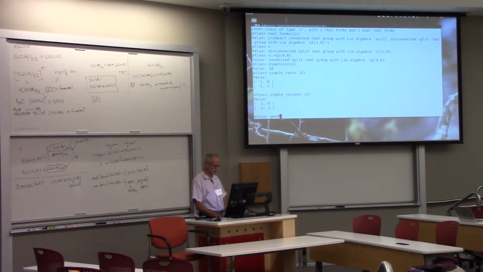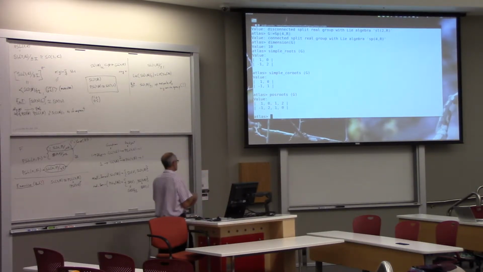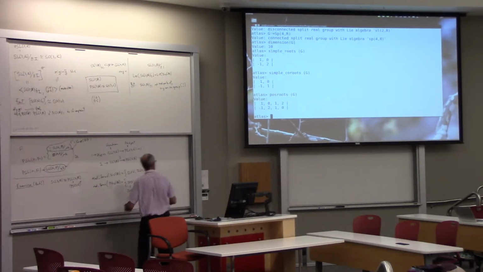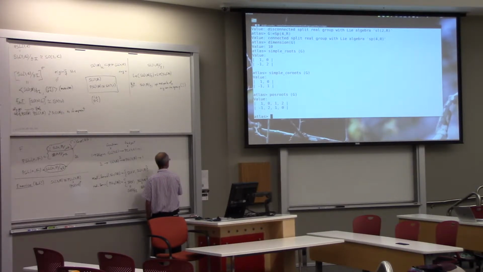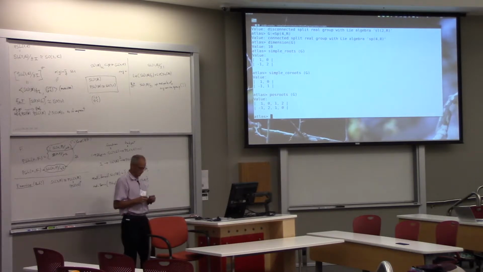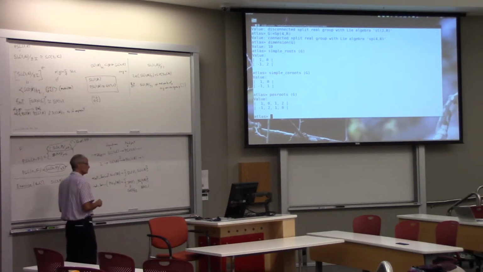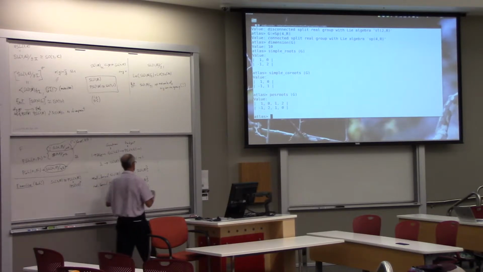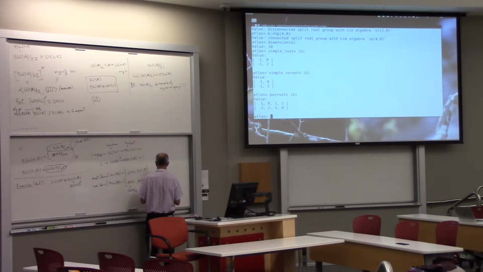Well, you can ask what are the positive roots of G. G has 4 positive roots, the 2 simple roots, (1,-1) and (0,2), and (1,1) and (2,0). Those are the positive roots of SP4. So (0,2) is the long root.